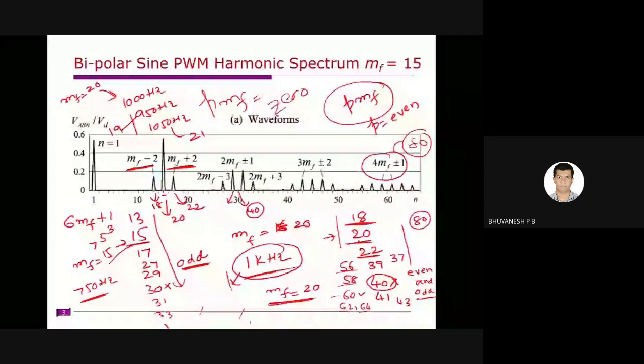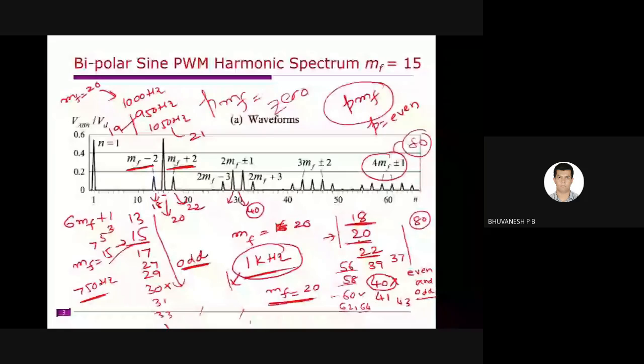Normally we are not that interested in going beyond 6 MF, 7 MF. We put more emphasis on MF, 2 MF, and 3 MF. Once you understand this, you can easily extend to higher levels. The only thing we have to remember is that when implementing bipolar sine PWM techniques, the MF should be an odd number.